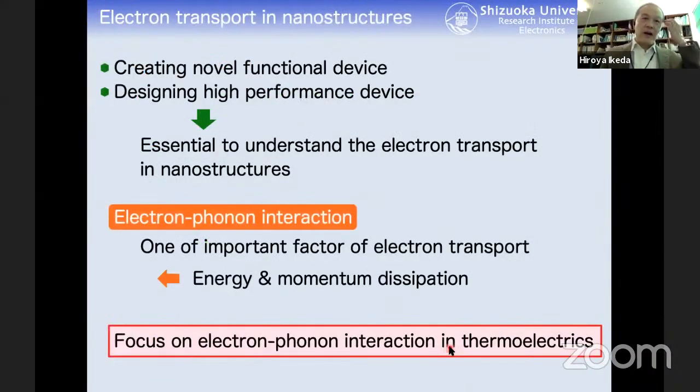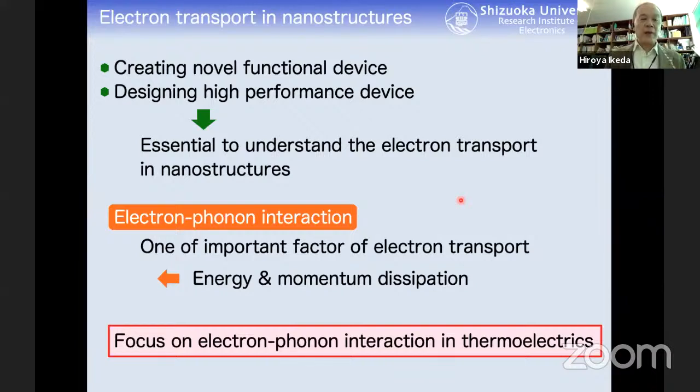Okay. And electron transport in the nanostructures. As you know, for creating novel functional devices and for designing high performance devices, it's essential to understand the electron transport in the nanostructures.